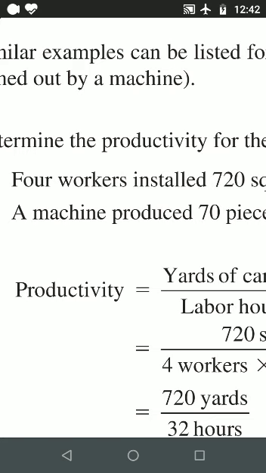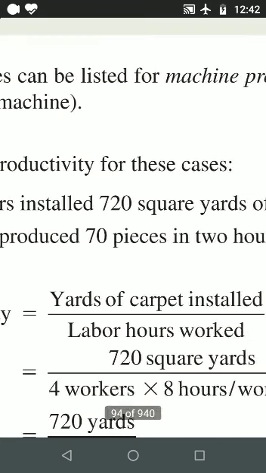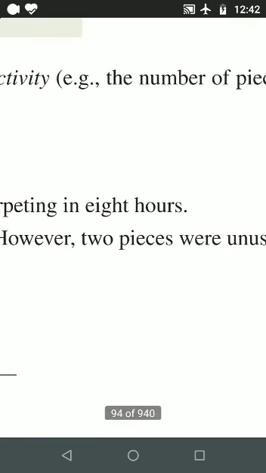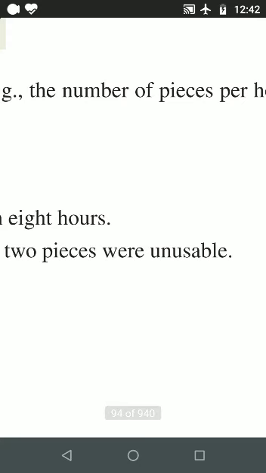First thing which we must know. Second is, what is the input? Here the only input given is the time utilized, or time for production. So the time for production is 2 hours, and the machine is producing 70 pieces, out of which 2 are of no use.